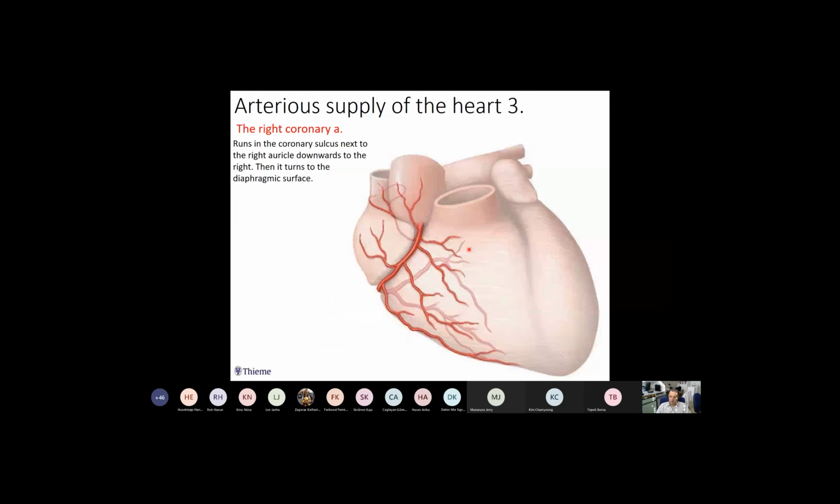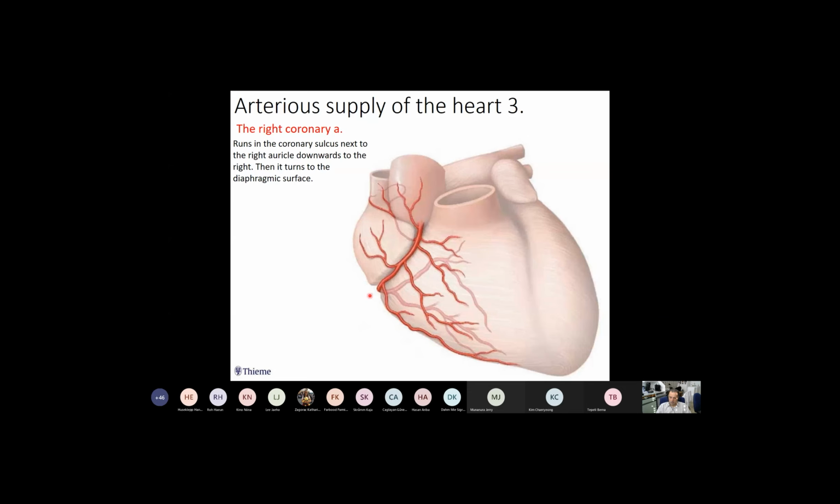This slide is about the right coronary artery, and here I would like to summarize its branches. Once again, it arises on the right side of the aorta and runs in the coronary sulcus until it turns back to the posterior or diaphragmatic surface of the heart and continues in the coronary sulcus downwards.